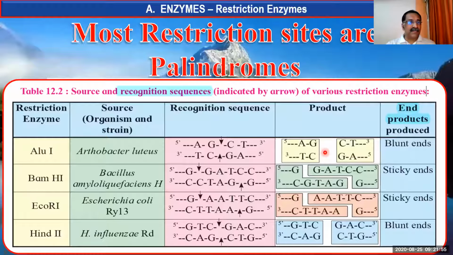You see that both the DNAs are cut at the same place, so the nitrogen bases are not getting unpaired. All the nitrogen bases are paired, and because of that there are no unpaired nitrogen bases. This end we call a blunt end. So when using the restriction endonuclease enzyme, you may get either a sticky end or a blunt end.